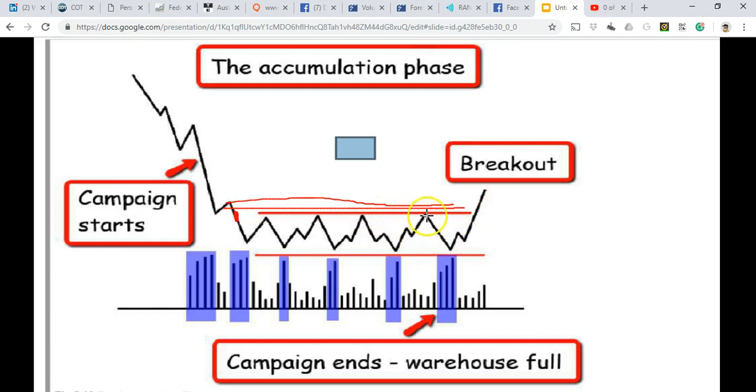What's happening is that as people start selling off, maybe at the 38.6 retracement level, thinking it's a correction, they all have their stops here.